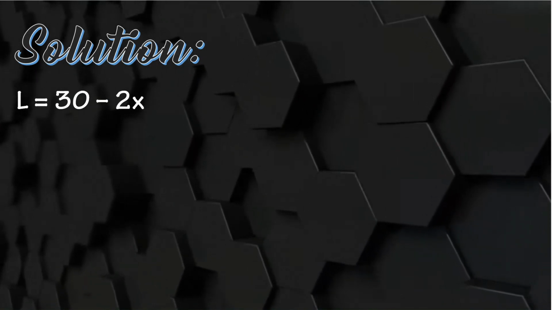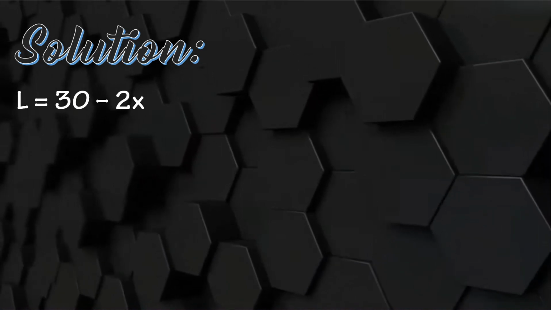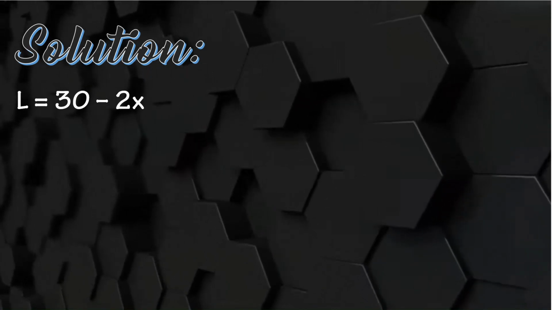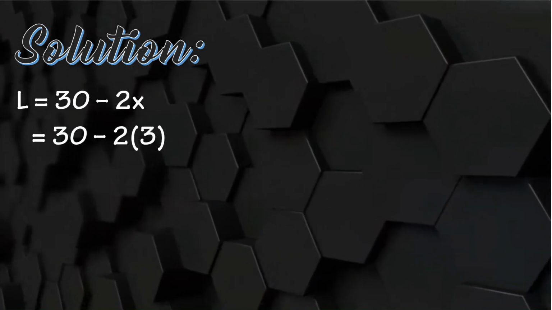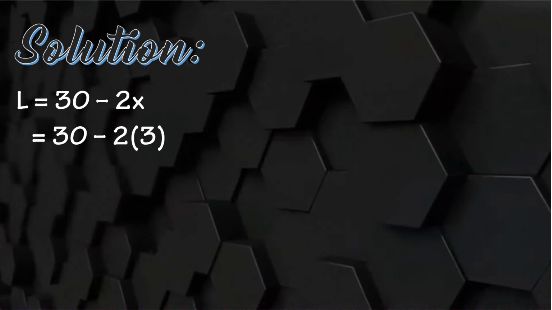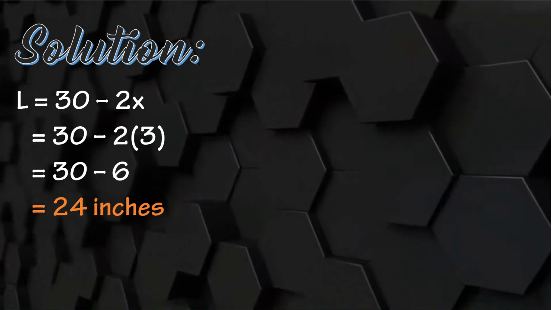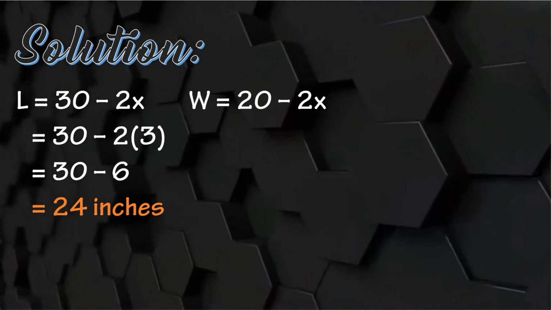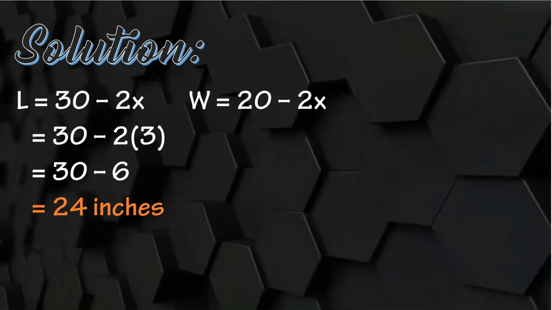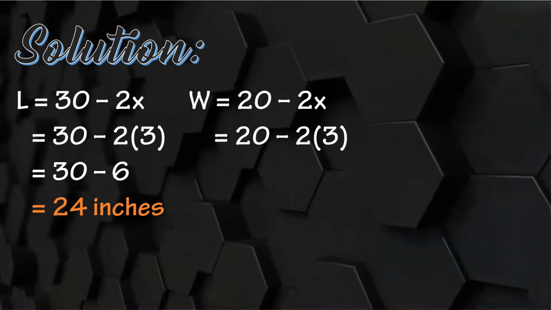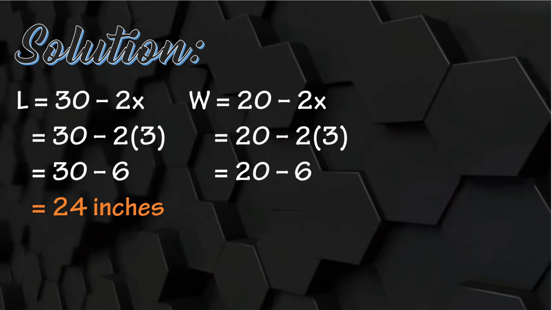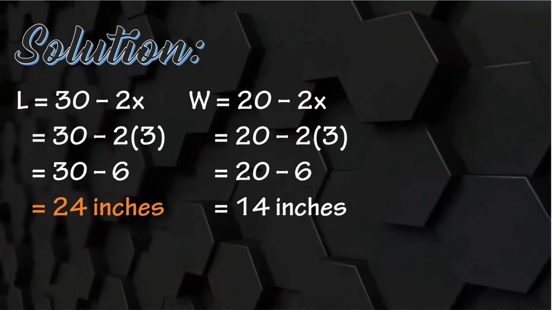Therefore, by substitution, the length will be 30 minus 2 times 3, which is equal to 24 inches. The width will be 20 minus 2 times 3, which is equal to 14 inches.